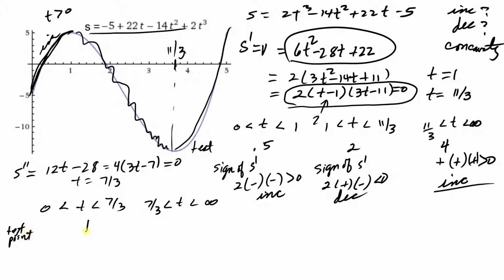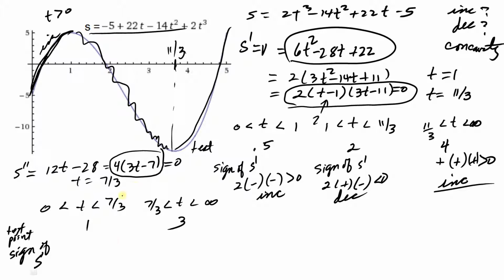I would pick 1 for the first interval and 3 for the second interval, and look at the sign of S prime. Notice that S prime is 4 times 3t minus 7.